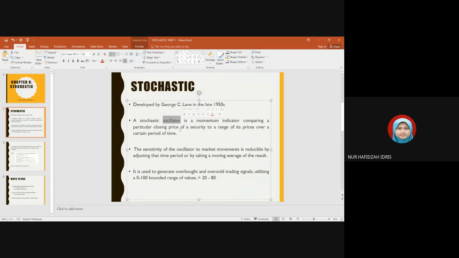So when we talk about oscillator itu adalah the price, a particular closing price of a security to a range of its price over a certain period of time. Okay, so the oscillator is all about the price movement. Okay, whether the price akan momentum, kita cakap pasal momentum, the price is in the high momentum or in the low momentum, and from that momentum we will know about the trend ataupun the price reversal.